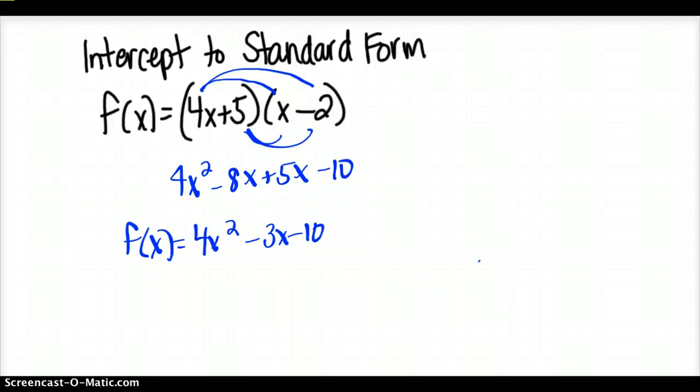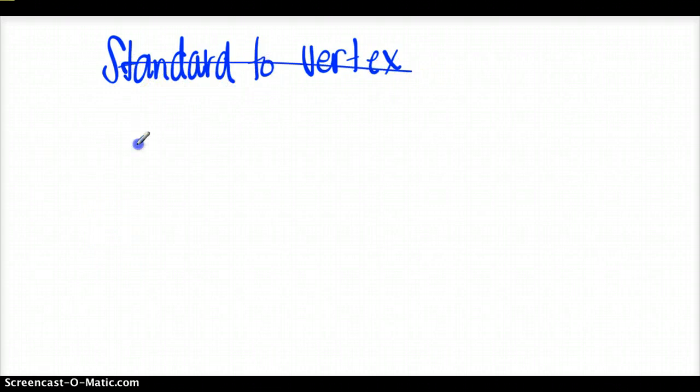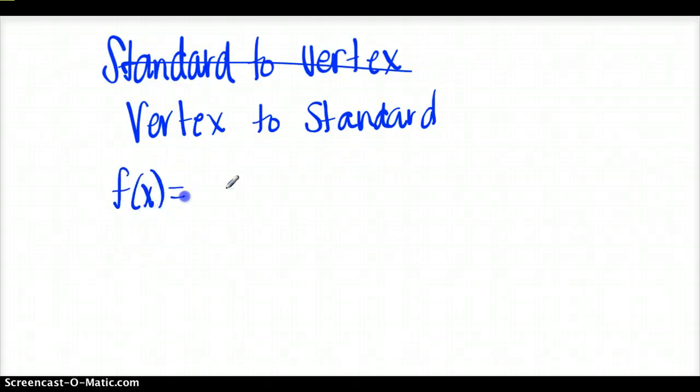All right, I wasn't going to show you this at the end of this, but I've decided to. There are some at the bottom that go to standard to vertex. Well, the first thing we need to do is vertex to standard. Sorry about that. So vertex to standard is about like intercept to standard. So you're going to have f of x equals 3 times (x plus 1) squared minus 2.